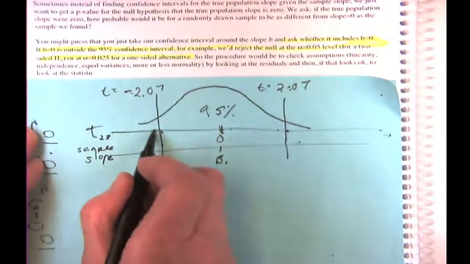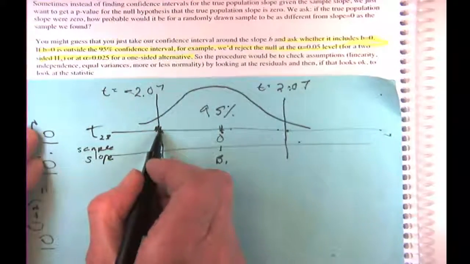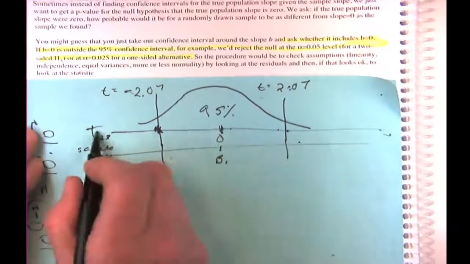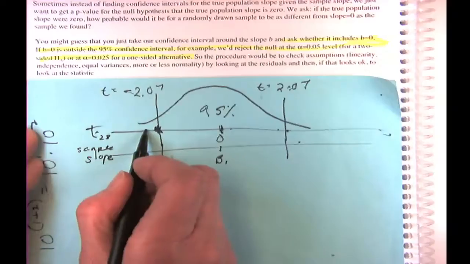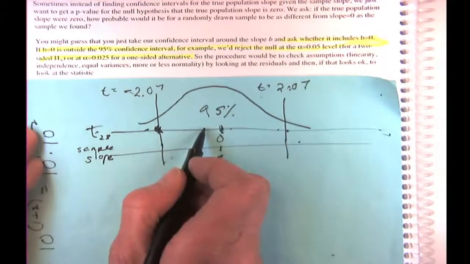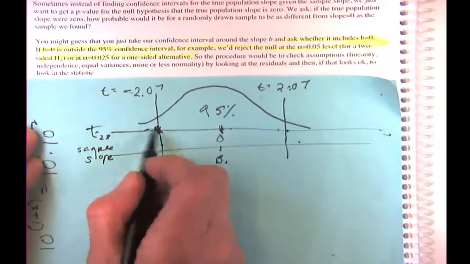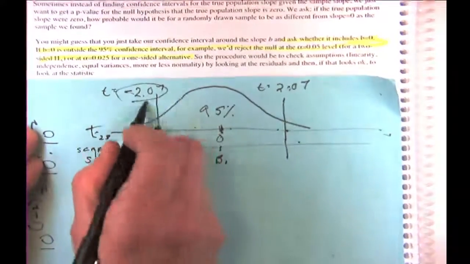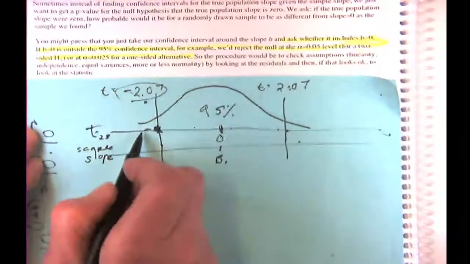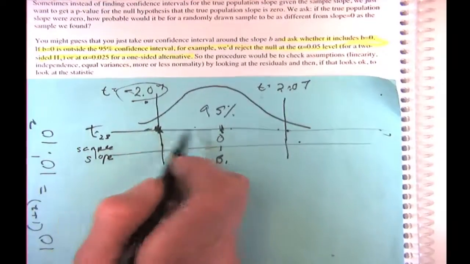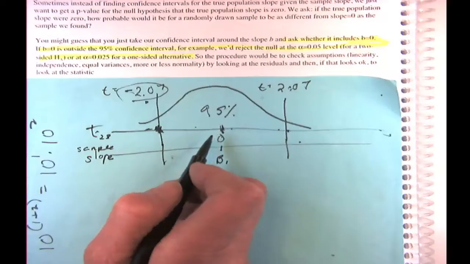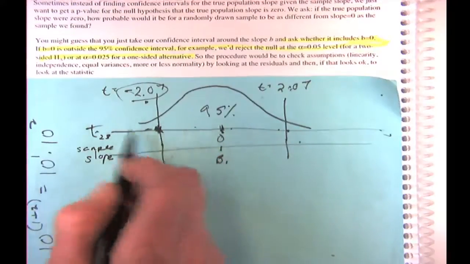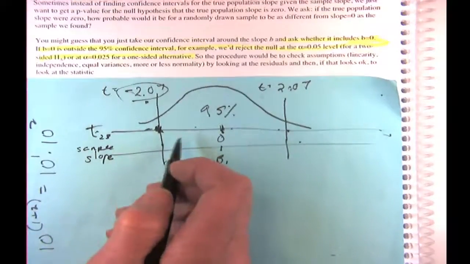You either go in that direction or that direction. That's the dividing line. If we're on this side of it, then our estimate of the true population slope is going to be wrong.